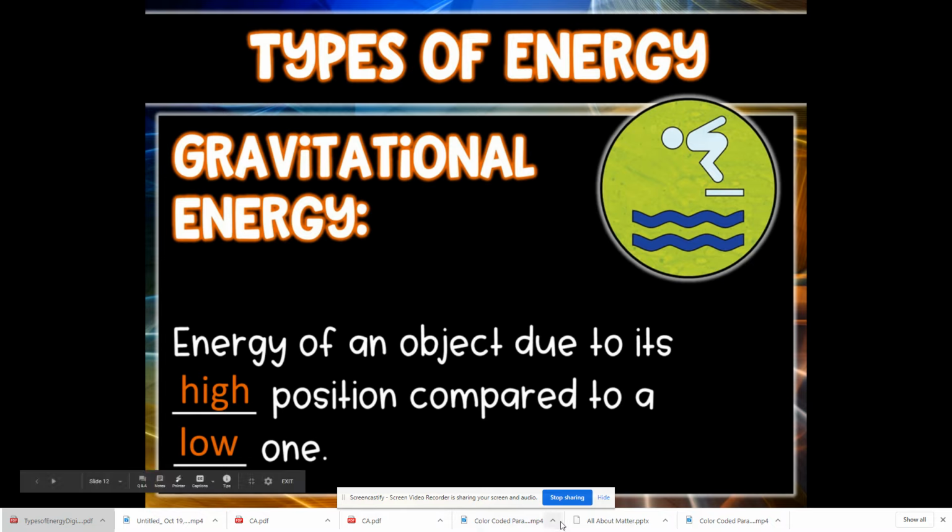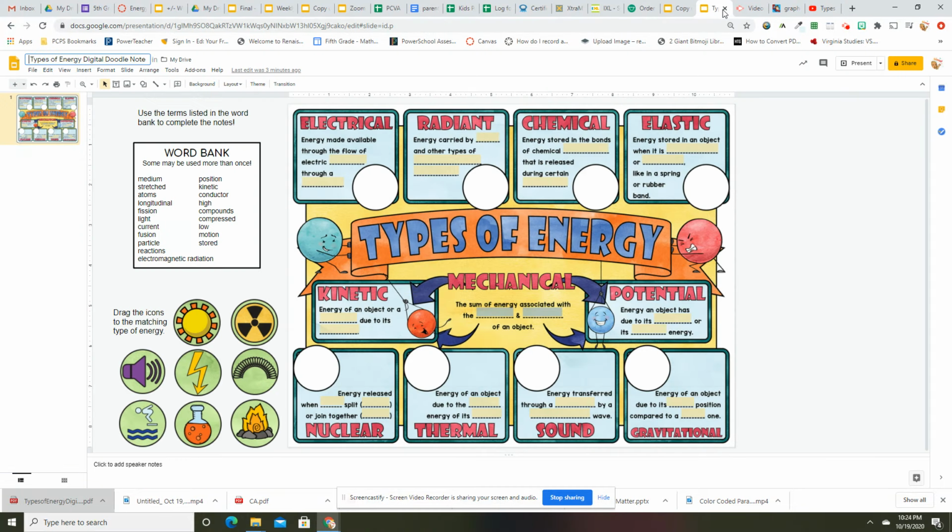Okay, so I'm going to come over here. Nuclear energy we don't use, so I will fix this where you don't have to do these. And it was this one too, right? Elastic. We don't use elastic, so I'll fix the fill in the blanks.